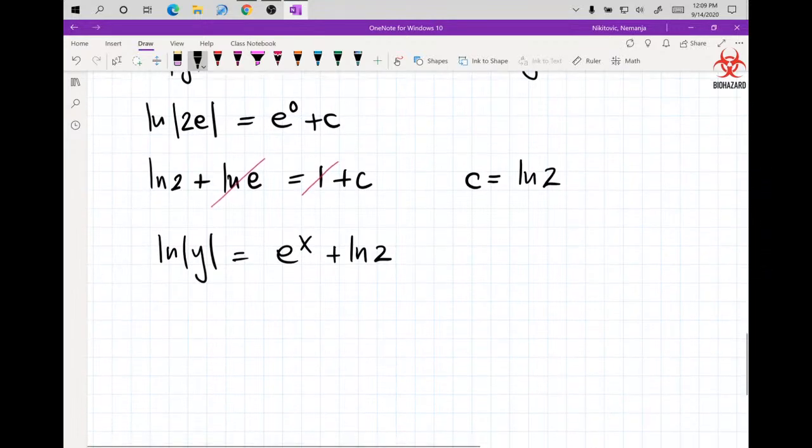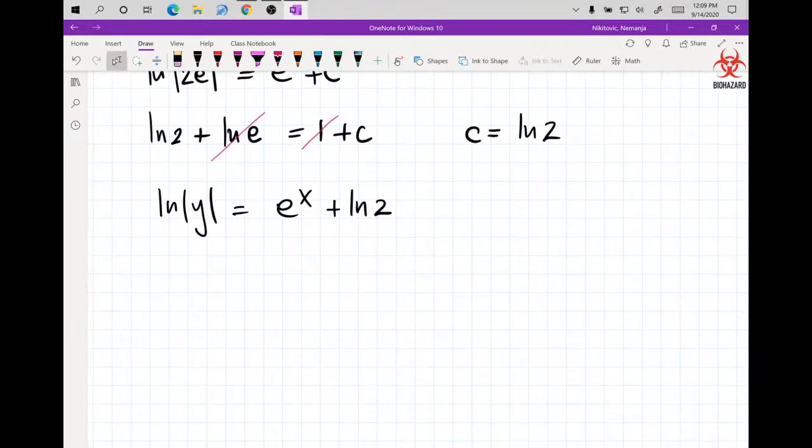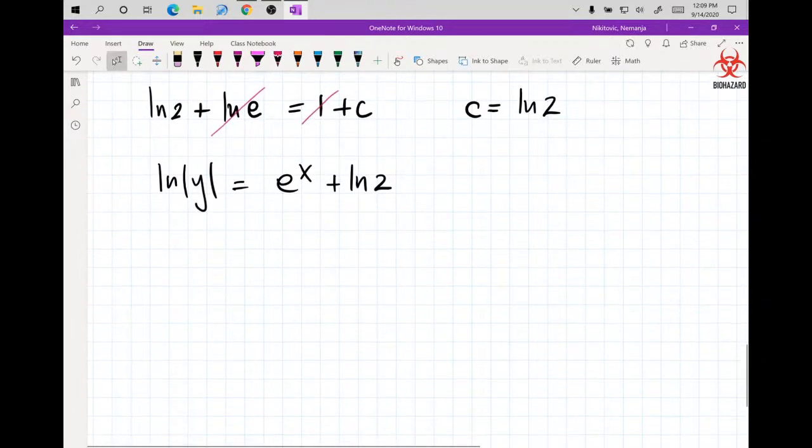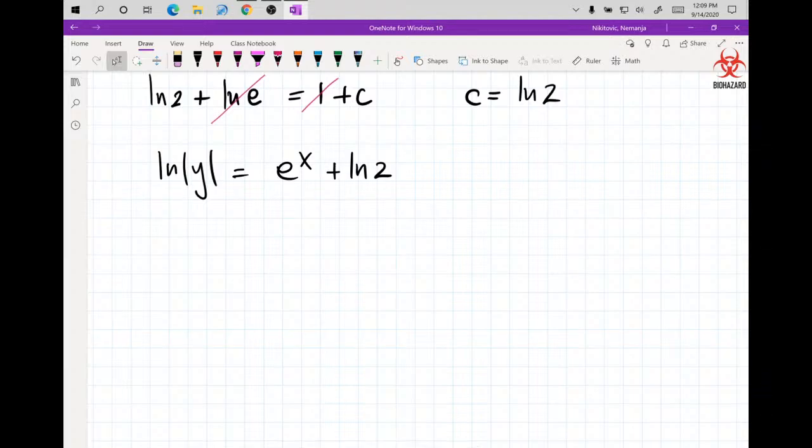And all I need to do is to fix this a little bit. I need to e both sides to get y alone. And over here I get e to the x plus ln 2.